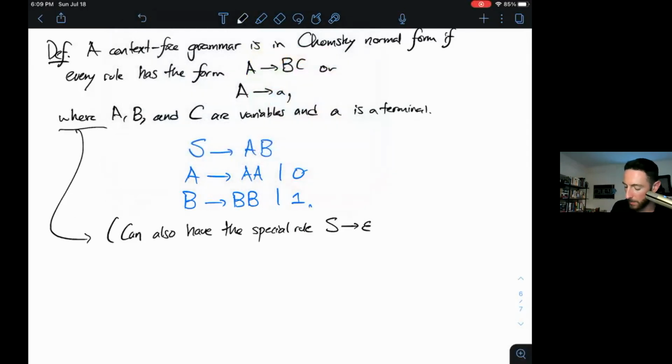So I want to make sure I can generate the empty string if I want to. In fact, I want to make sure S can go to 0 or to 1 as well, because I want to have those single strings be possibilities, right?